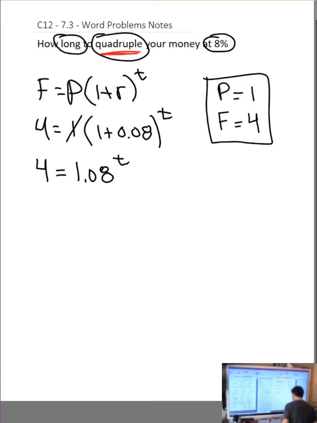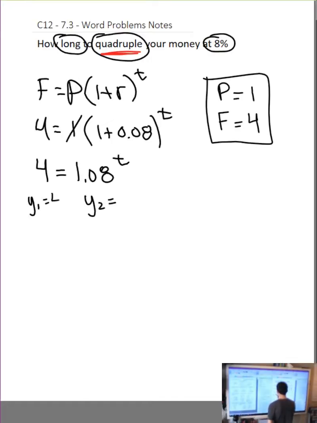So this equation is a little bit more difficult. We cannot solve this equation algebraically. We don't have any methods yet until the next chapter when we work on logarithms. So when we work on those, we'll get there, but for now we want to apply the method where we make y1 equal to the left-hand side and y2 equal to the right-hand side.